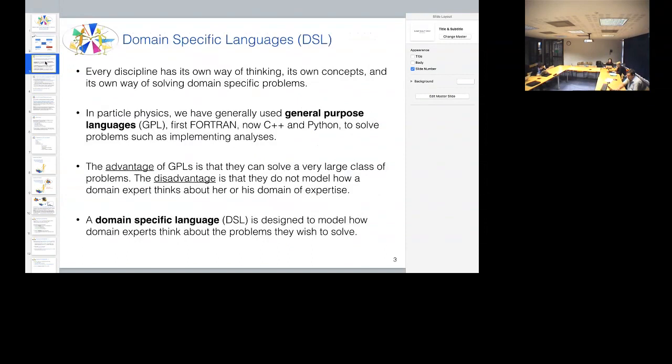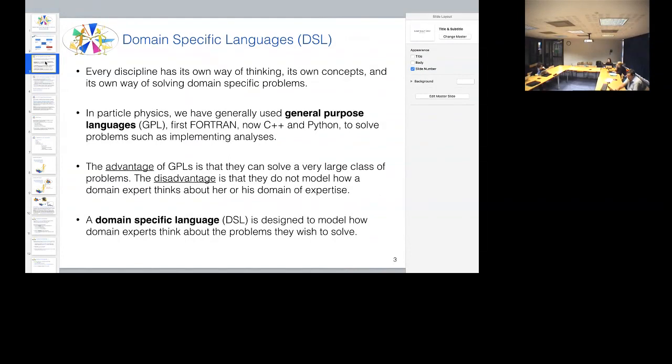Before I do that, let me say a word or two about something called domain-specific languages. Every discipline like ours has its own concepts, its own way of thinking about things, and its own way of solving problems in particle physics. The history has been that we've generally solved our problems using some sort of general purpose language.